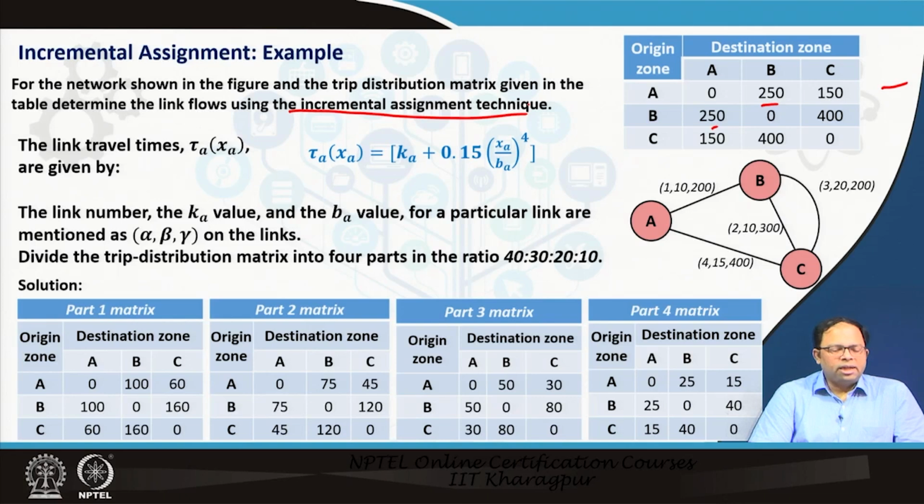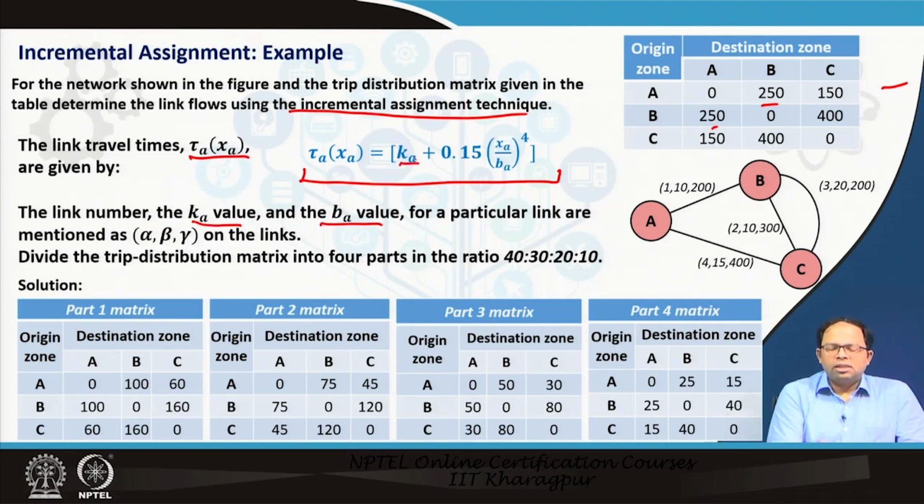Now, the link travel times tau_A(x_A) are given by the BPR equation. So, tau_A(x_A) equals K_A plus 0.15 times x_A by B_A, basically the form that we used in the BPR equation initially. For each link number, the K_A value and the B_A value for that particular link are mentioned.